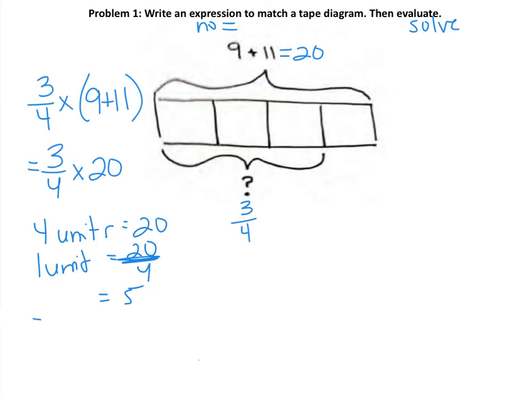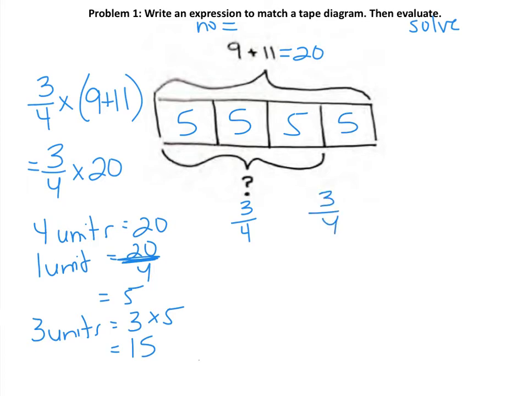And I can figure out 3 units is equal to 3 times 5, which just happens to be 15. So 5, 5, 5, and 5. So 3/4 of 20 equals 15.